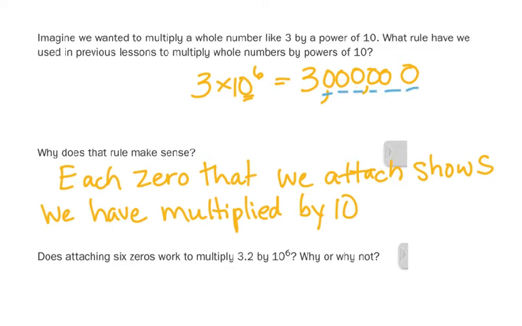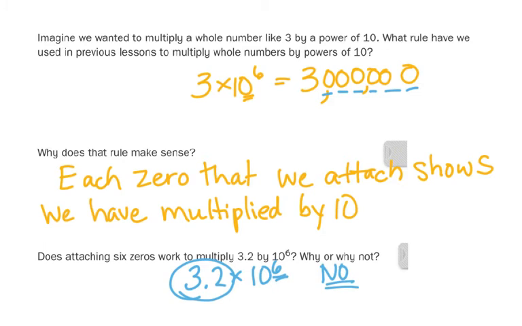6 times. Does attaching 6 zeros, if we were to take 3 and 2 tenths times 10 to the 6th power, do you think if we just add 6 zeros behind that decimal, that would be correct? Well, the answer is no. And do you know why? Because this is a decimal and not a whole number.